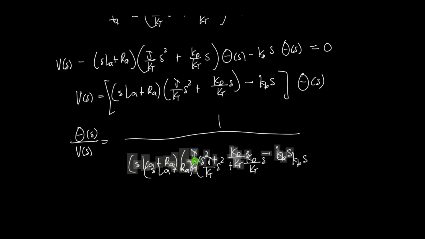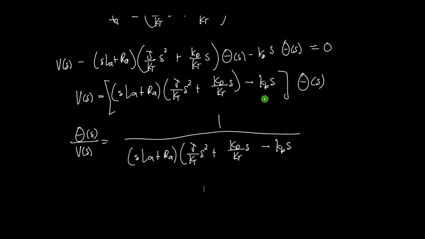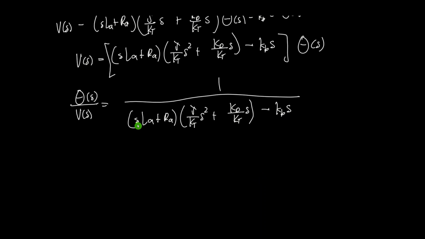Then we can still simplify this. We can make it into the general form. This is G S squared minus KB S by distributing the terms here, or we can also simplify this because in a DC motor, the value for the inductance LA is much lesser compared to the RA, in terms of millihenry up to microhenry.